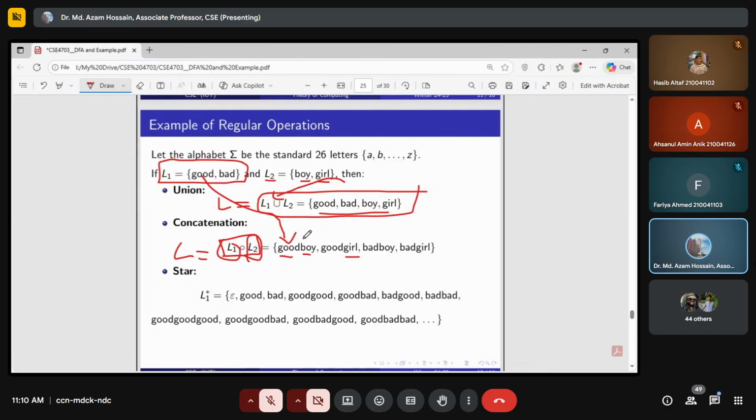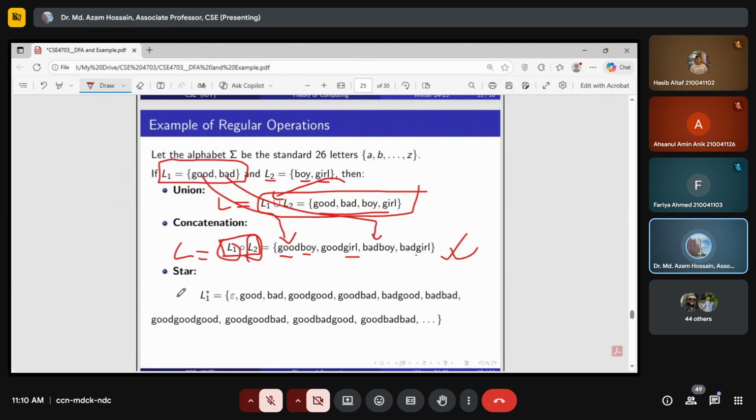So it makes two. And next, if I take bad, then any of these two can be concatenated with this bad. So bad boy, bad girl, it could be there. Okay, so these are the new language formed by concatenating these two languages.